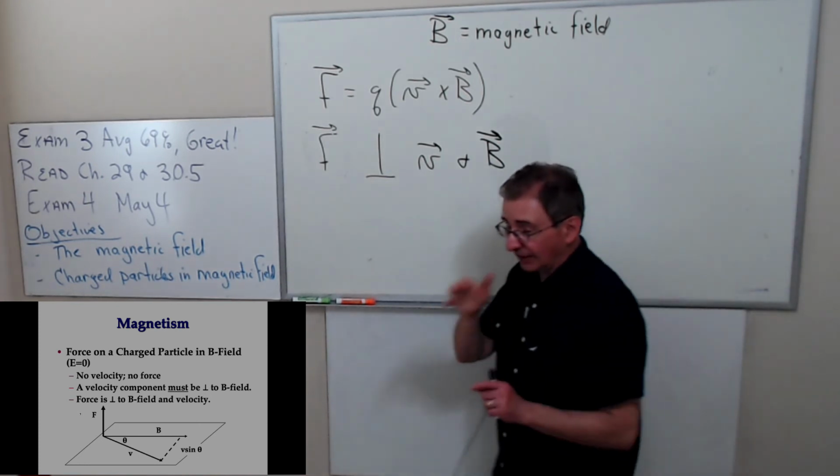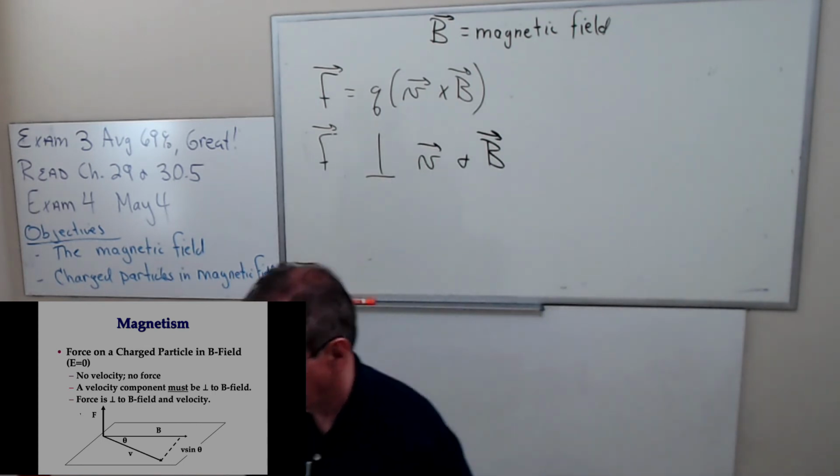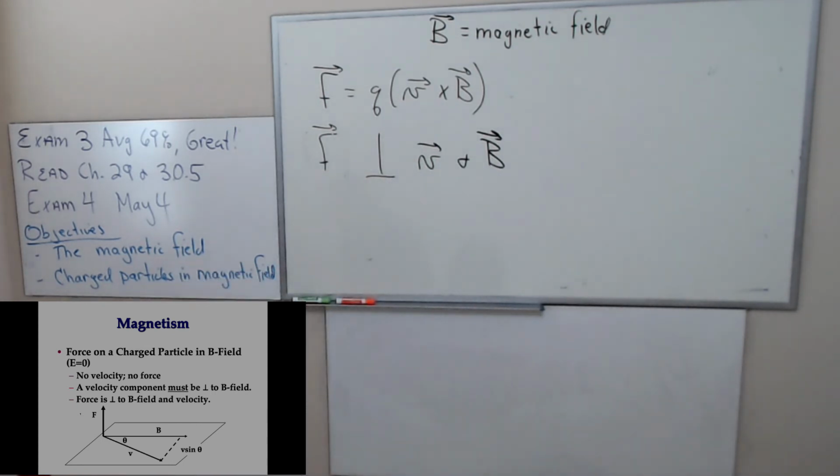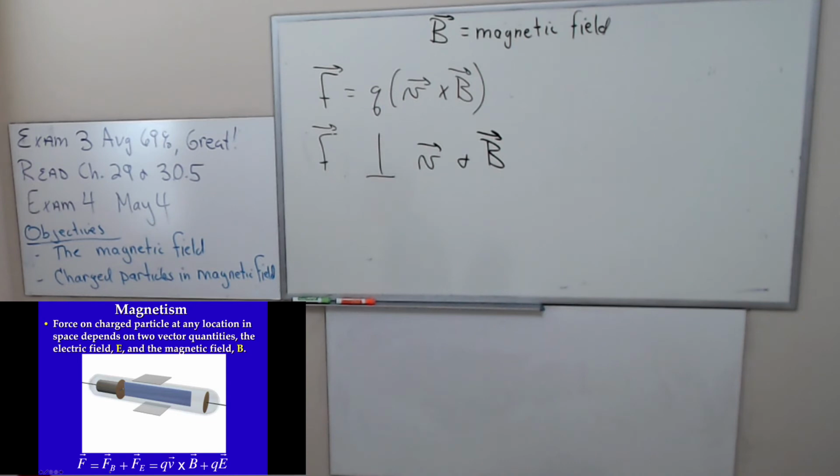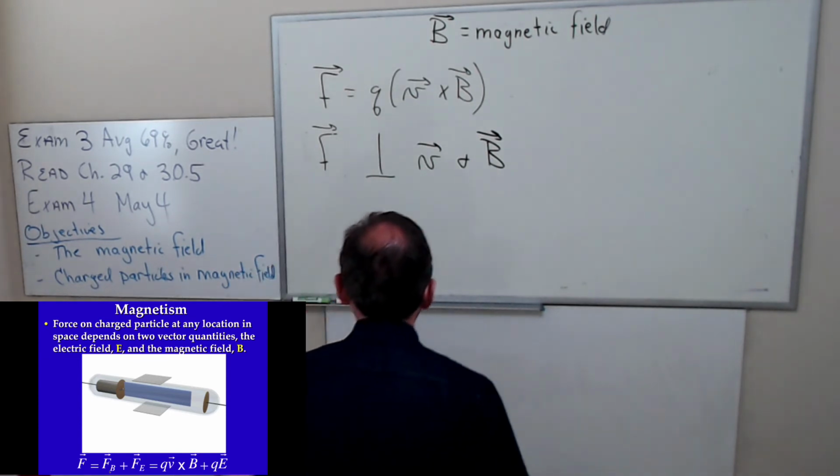If you put a charged particle in electric and magnetic fields, then the total force it experiences is given by the following.